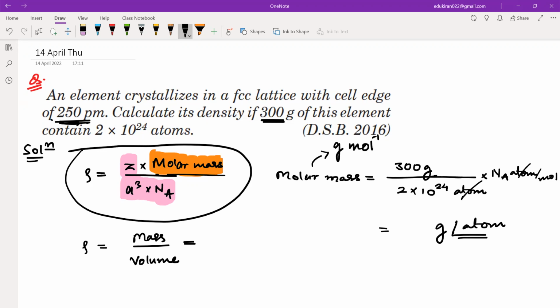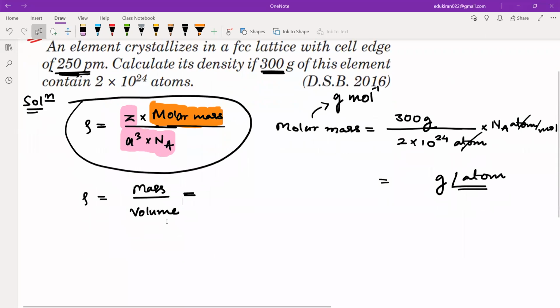250 picometer is the edge. And then you can write it like this. Wait a second, let me get some more space here. What you can calculate from here is the mass of one unit cell.